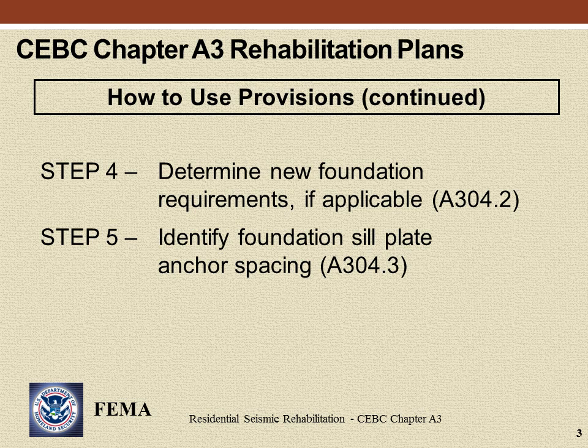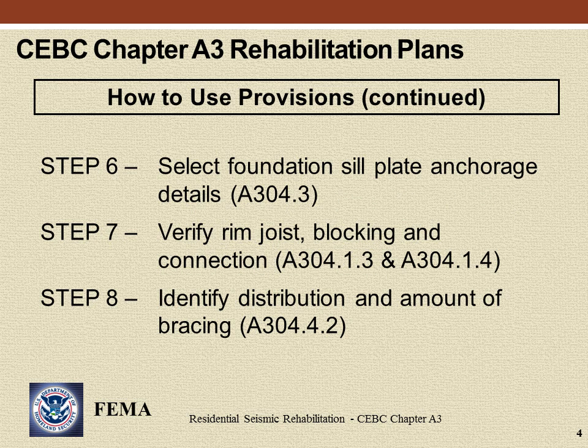Step 4. Determine new foundation requirements, if applicable. Step 5. Identify foundation sill plate anchor spacing. Step 6. Select foundation sill plate anchorage details. Step 7. Verify rim joists, blocking, and connection.